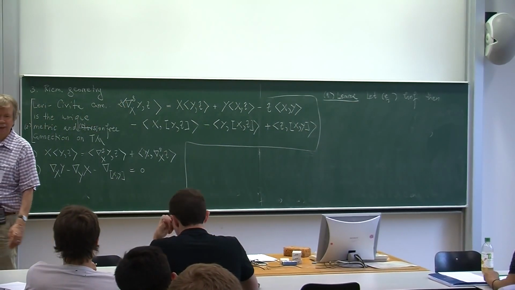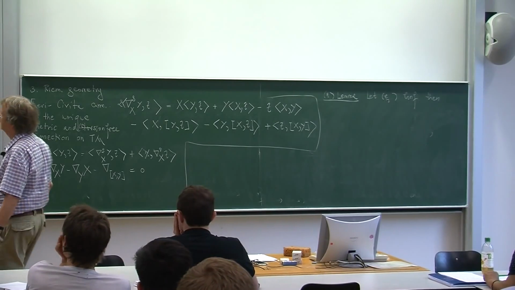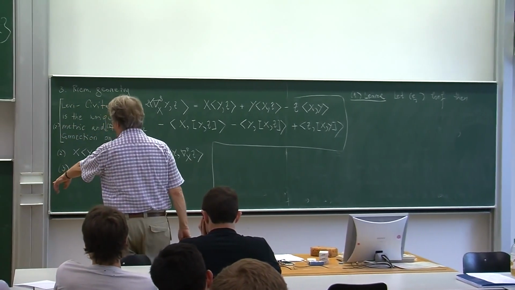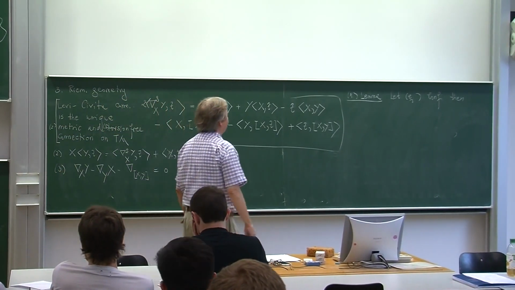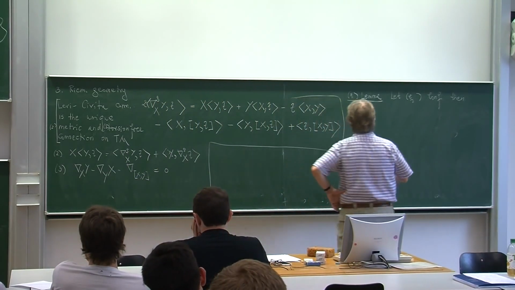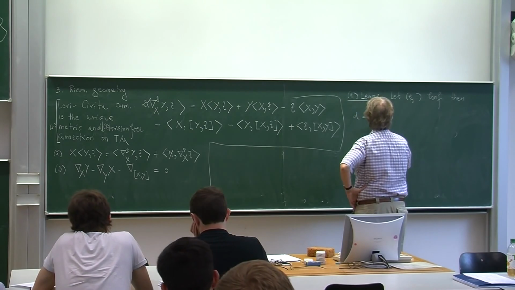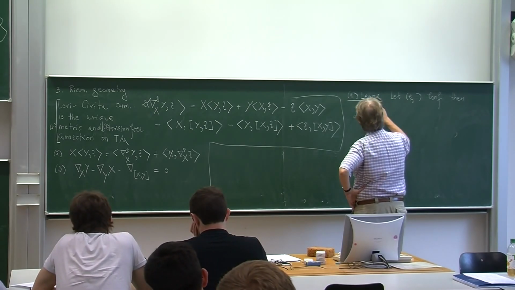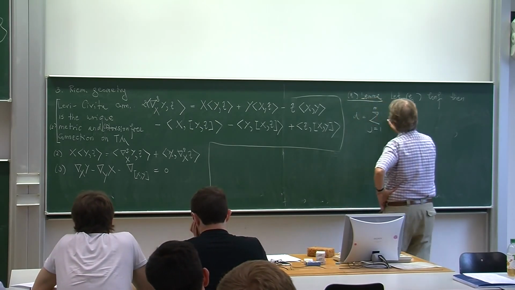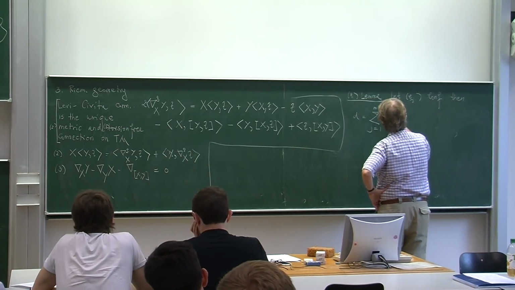Here we don't have any metric on this side. This is all done except for the right lower part. So I would like to express D by a frame. And the beautiful formula you get is the following.